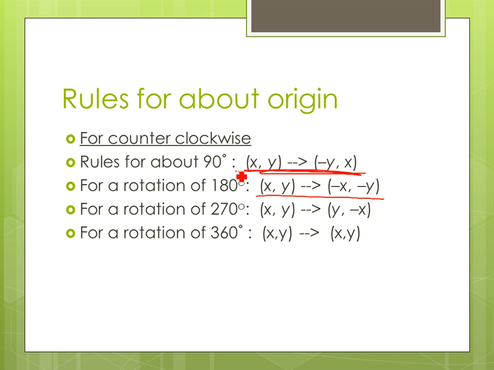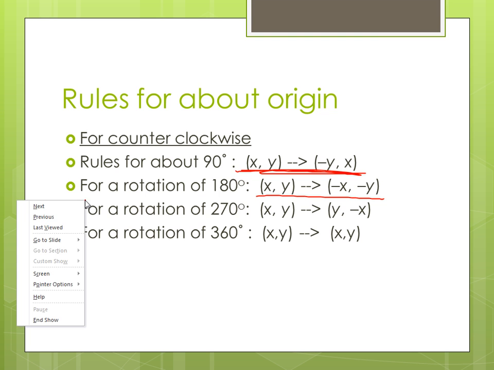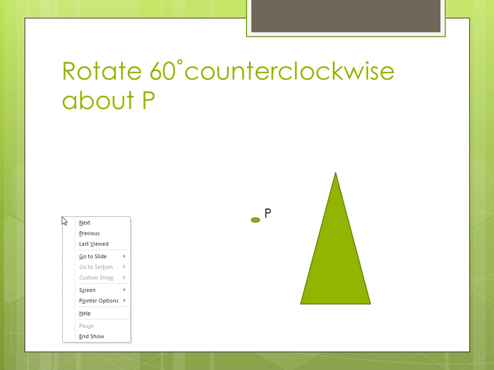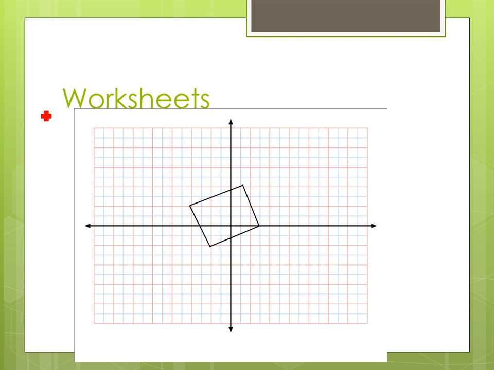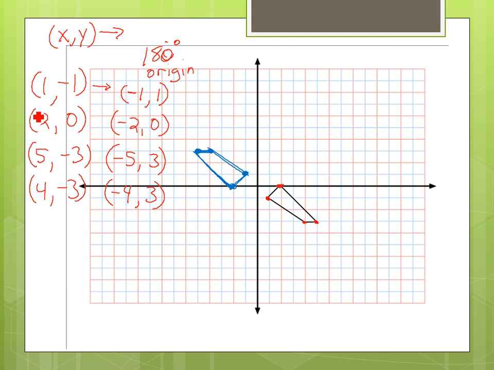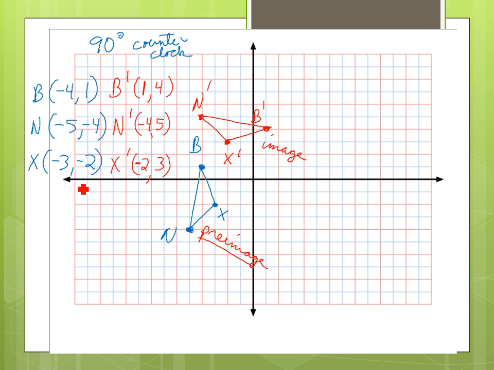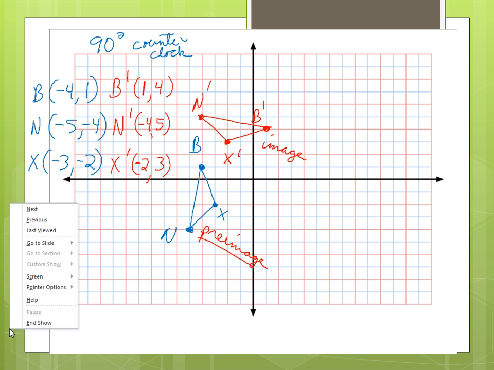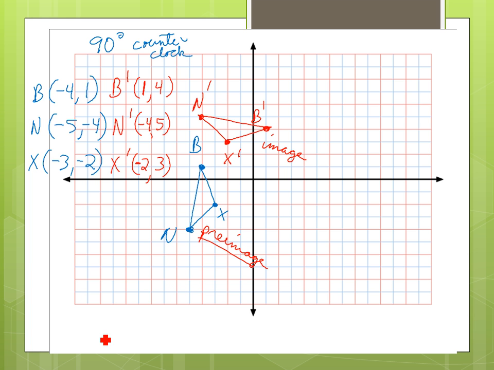So it's (x, y) goes to (-y, x). I just went back too far and looked at the wrong rule. Should have thought about it before I drew it. So for counterclockwise, we should have come around the opposite way. The red one is actually 90 degrees clockwise.